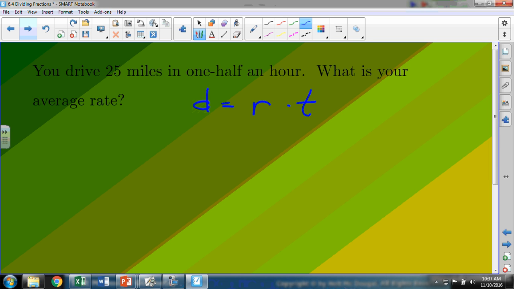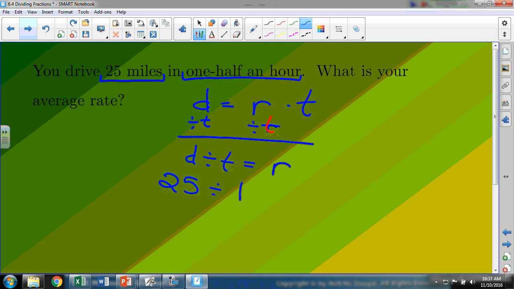Well, this problem tells us you drive 25 miles in 1/2 an hour. We already know that if we divide out by time, distance divided by time is the rate. So distance divided by time equals the average rate, which is what we're trying to get.